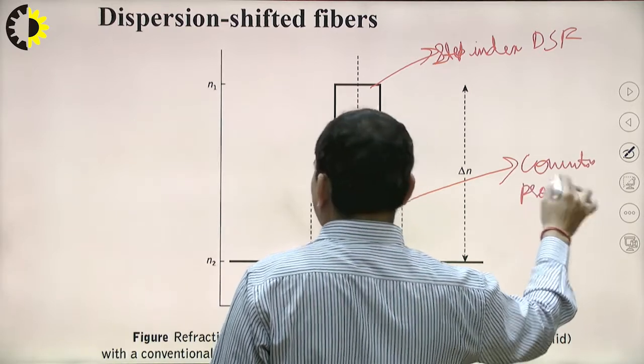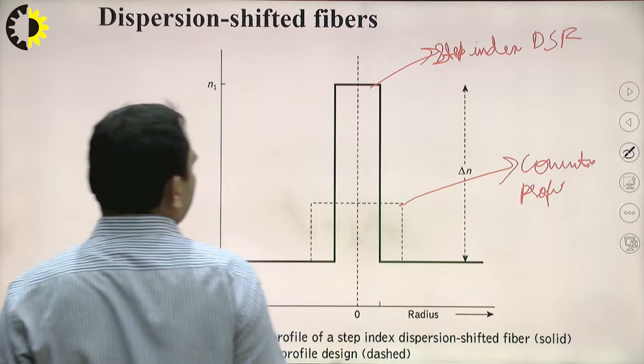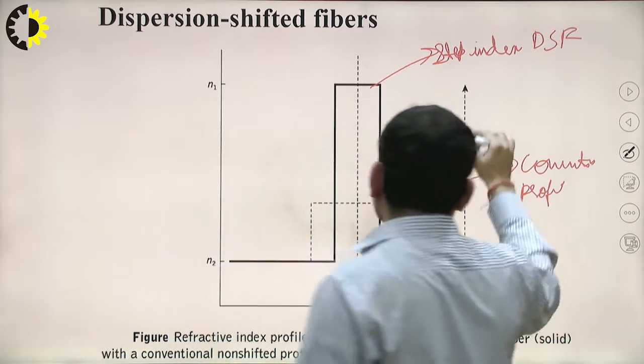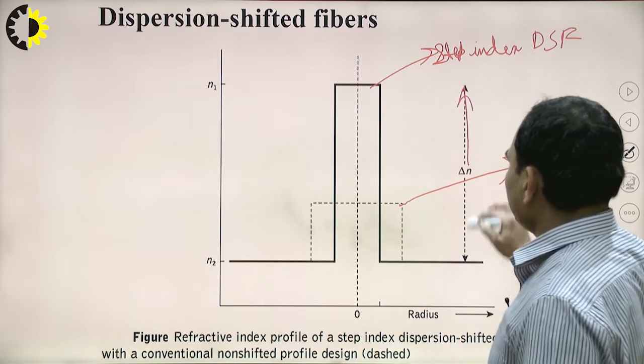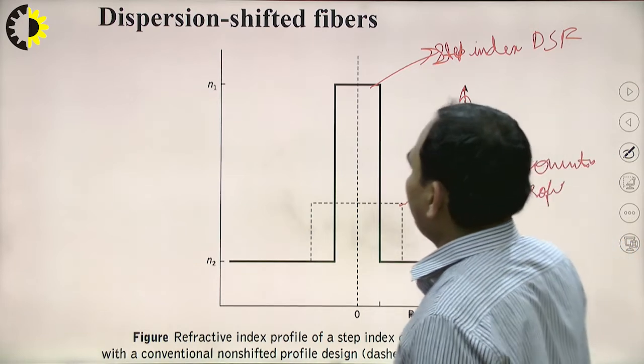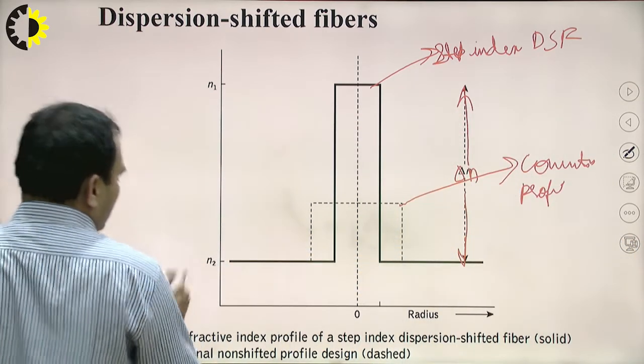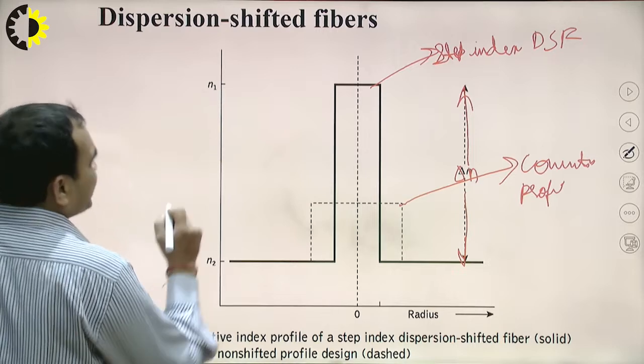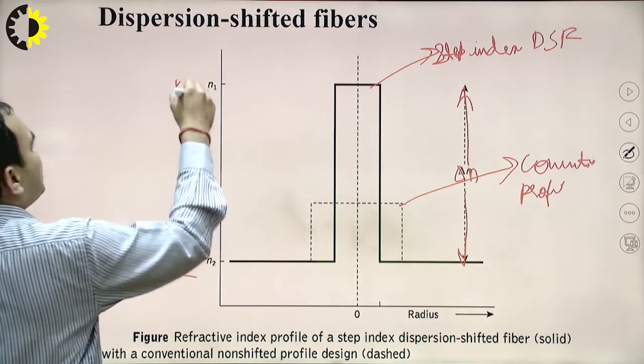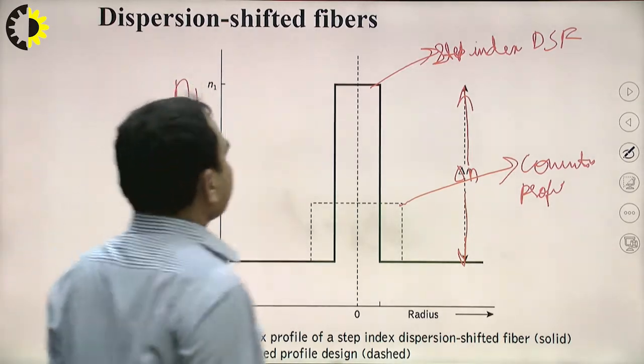These profiles can be tuned such that we have an index profile with a difference given by delta n, where the cladding refractive index is n2 and the core refractive index is n1.